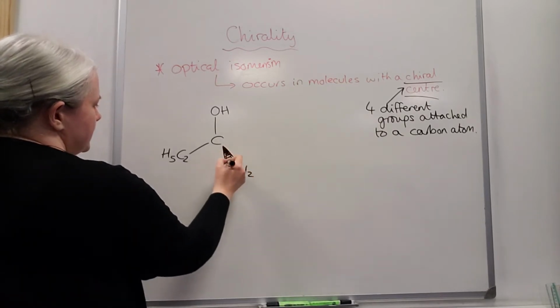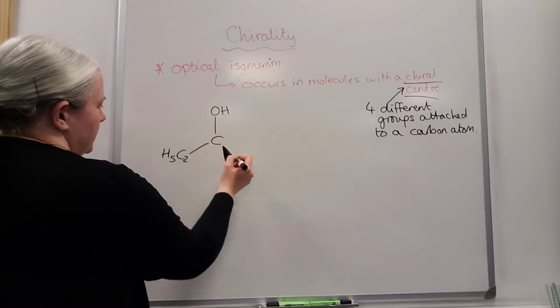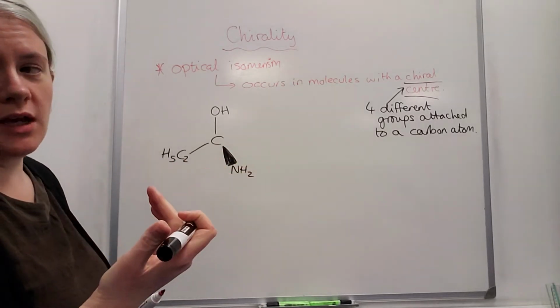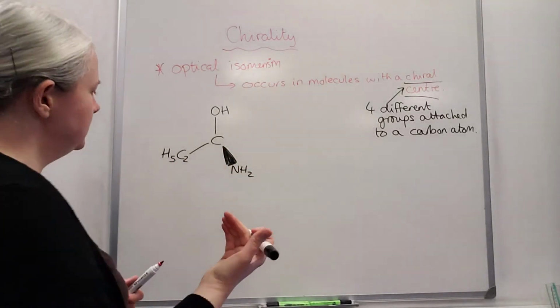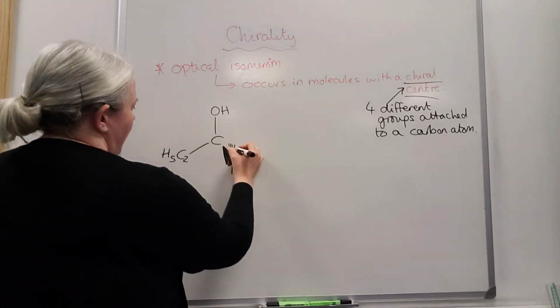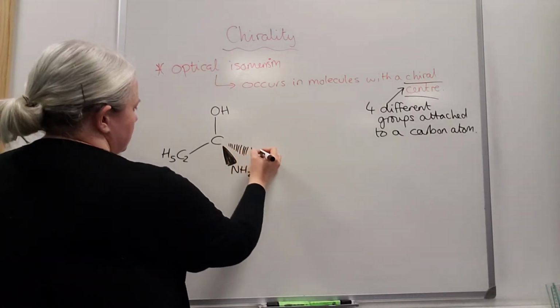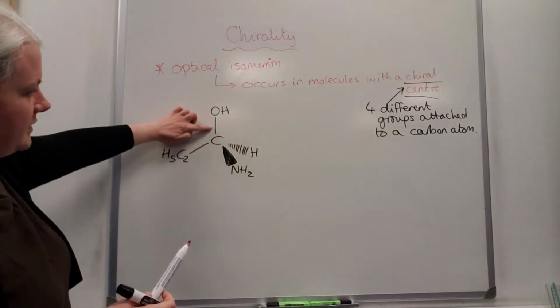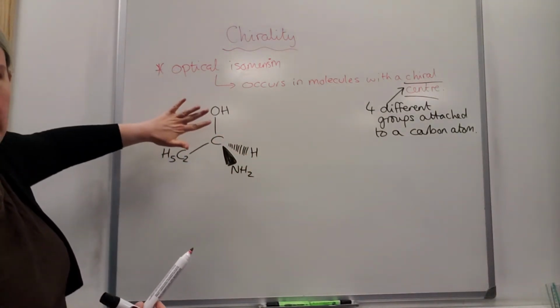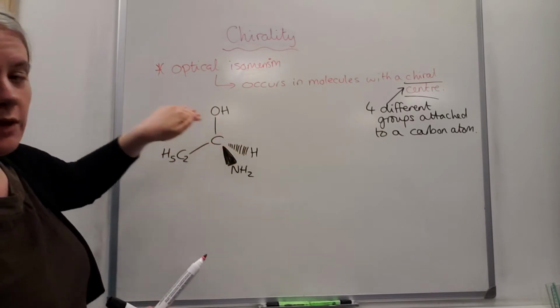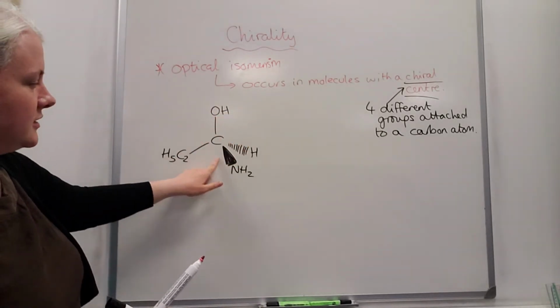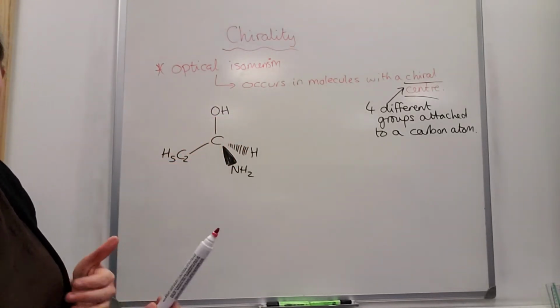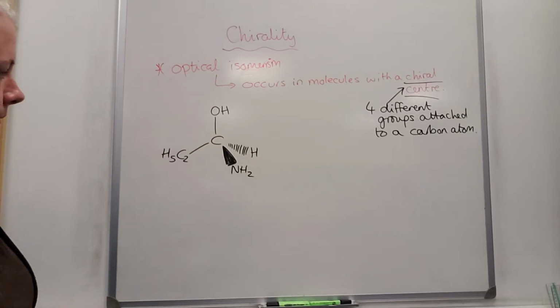If it's a solid wedge like this one, it means it's coming towards us, it's coming out of the paper. And if you've got a dashed wedge, it means it's going backwards. So imagine these lines as being in the plane of the paper. This one is going backwards, the dashed one, and the solid wedge is coming forward. So it gives you a nice 3D view.